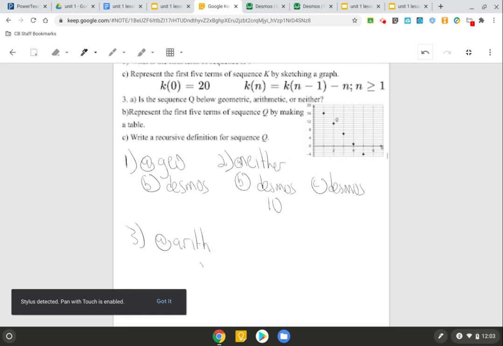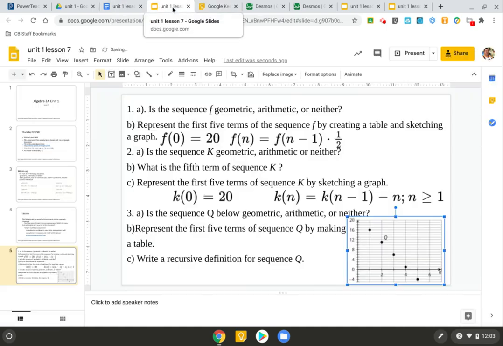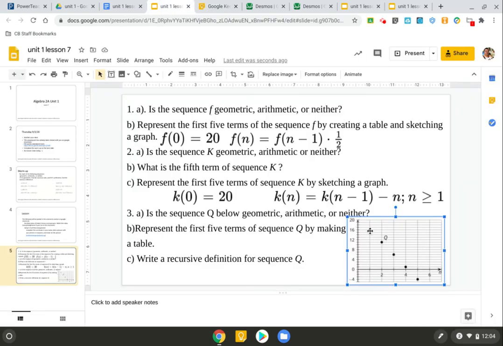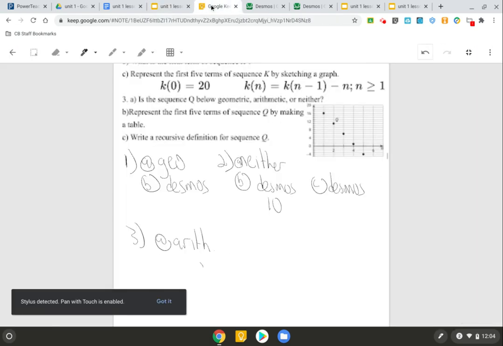Represent the first 5 terms of sequence Q by making a table. Let's go back and look at the graph. It looks like our first term is 16.